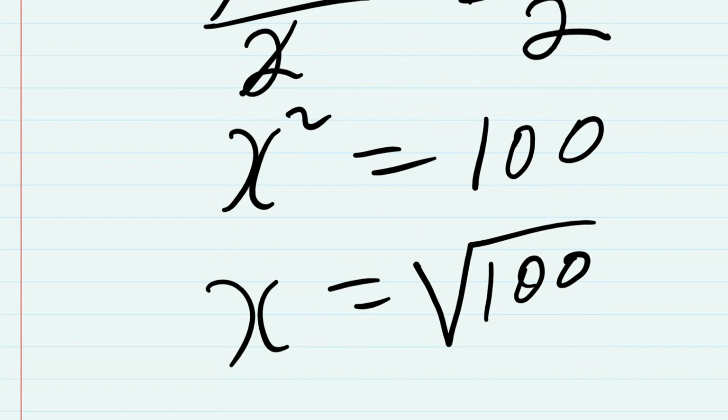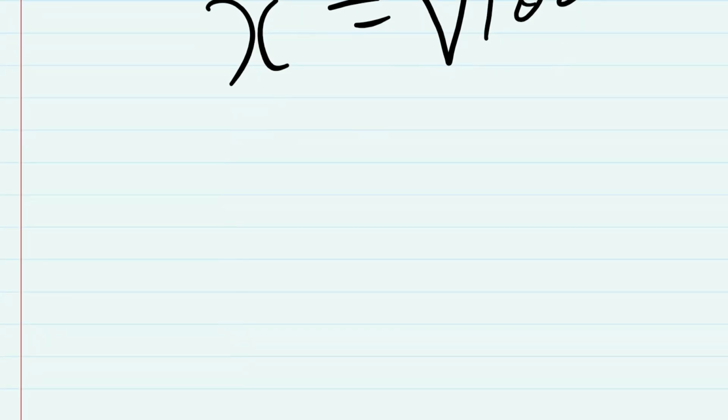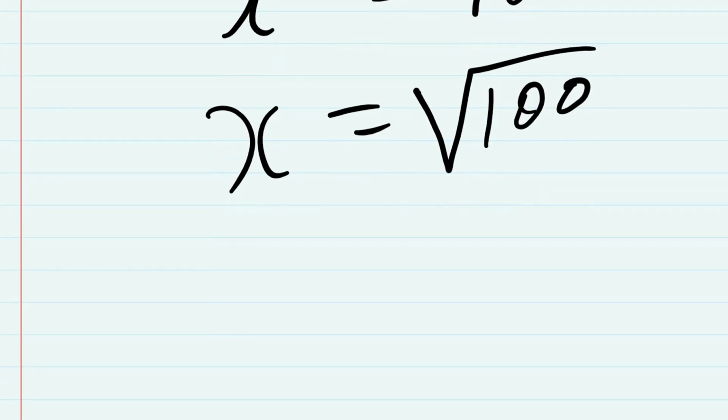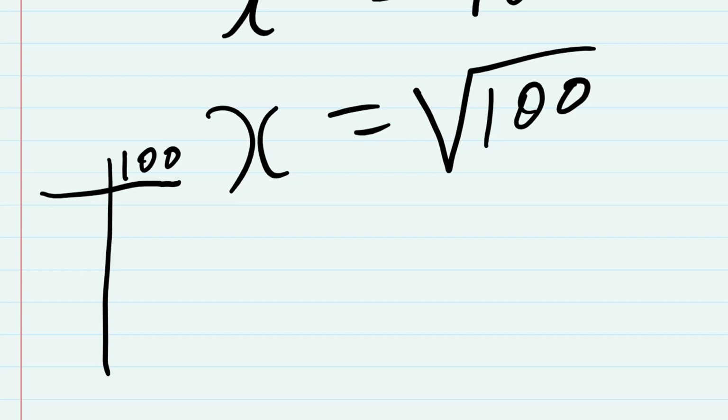Mind you, we're not using a calculator here, but I'm going to show you how to do that, even if you don't know the square root of 100. I've done this before in my other class. Just draw a little table here and put 100 right here. Look for a factor that can divide 100 without any remainder. What's that factor? I think 10 is going to be the best one, right?